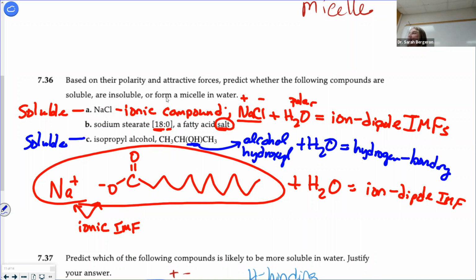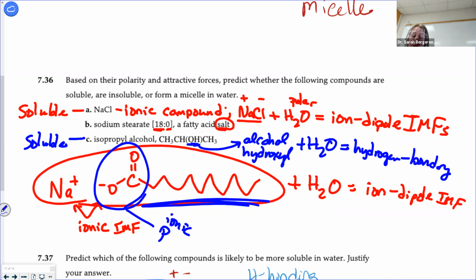Okay, and then the fatty acid salt. Is the fatty acid salt soluble or insoluble? Now be careful, it's soluble here. But what about over here? It's not. So it's going to interact here on the polar portion, the ionic polar area, with that ion-dipole interaction.